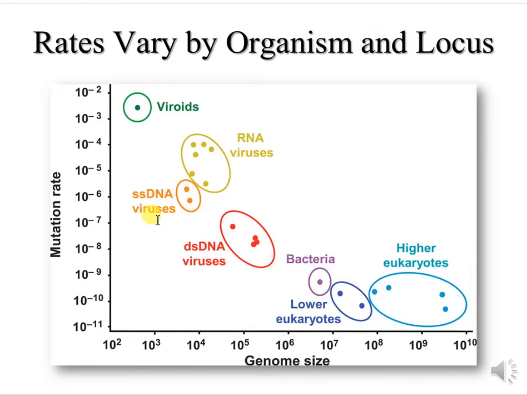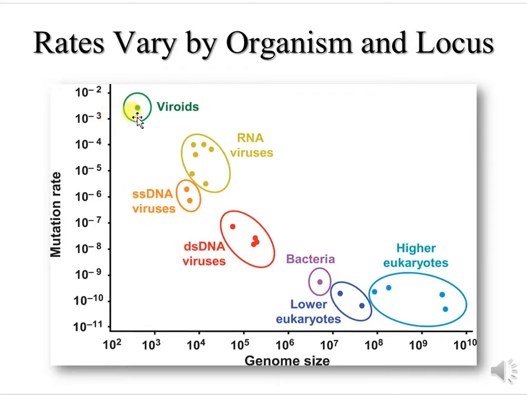Mutation rate and cell division or replication time are also pretty proportional. So here, the smaller the genome size, the faster the mutation rate. As a result, you have a higher frequency or commonality of mutation. So for example, your viroids, right?